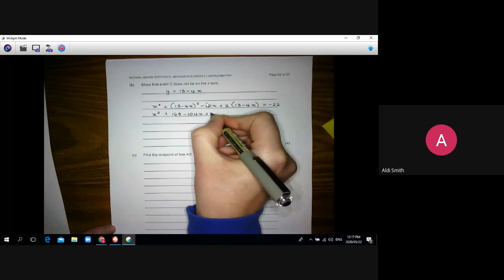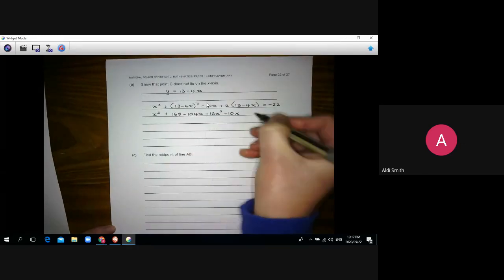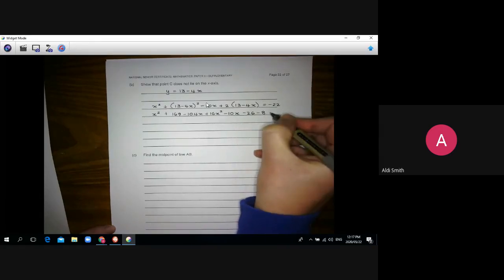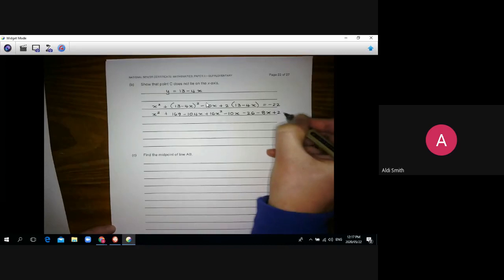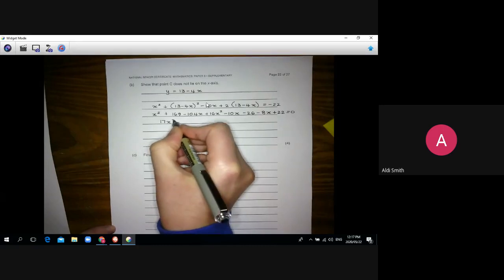Plus 16x squared minus 10x minus 26 minus 8x plus 22 is equal to 0. Okay, then putting it in standard form, x squared plus 16x squared is going to be 17x squared.